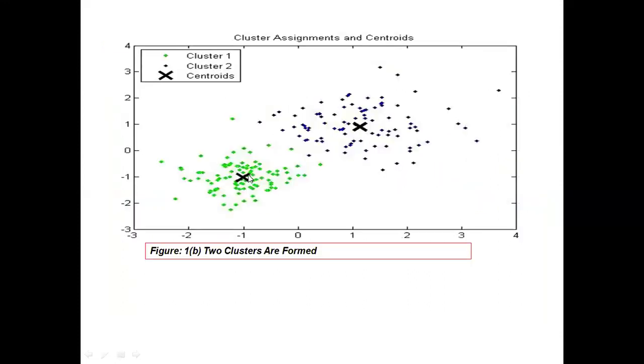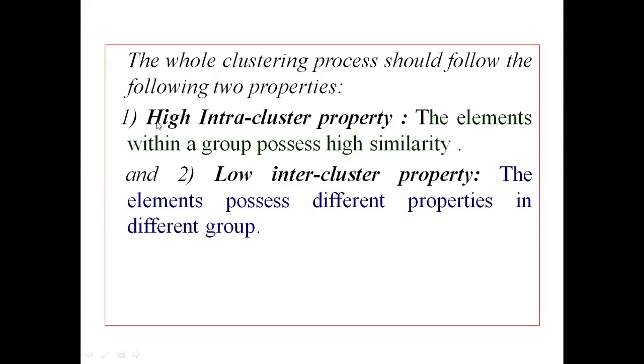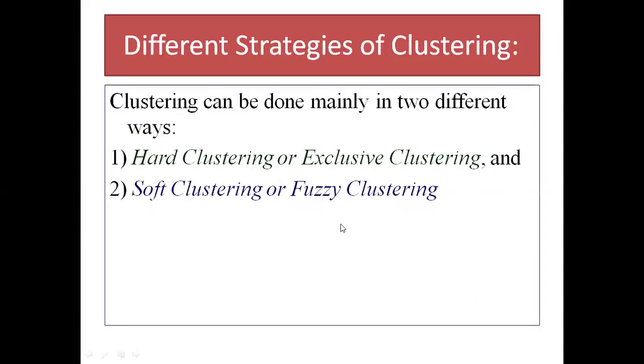Say for this cluster one, the elements under this cluster will show high similarity among themselves, but less or no similarity with the data points of cluster two. So that's why we call it high intra-cluster property, and low inter-cluster property means the elements possess different properties in different groups.